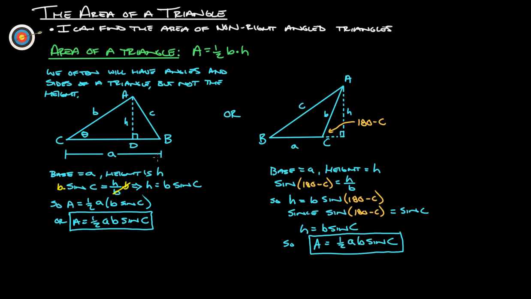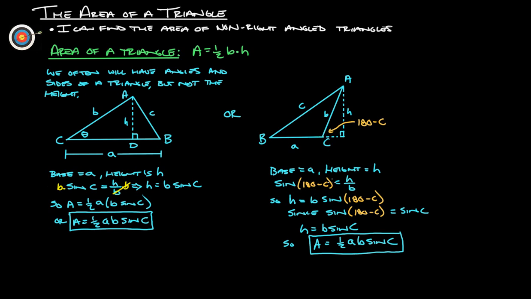Oh, sorry, we have another way to look at that, in case you had an obtuse triangle like this instead. This will still work. Base is still going to be a, height is still going to be this h here. The sine of this angle right here is going to be 180 degrees minus whatever angle C is.